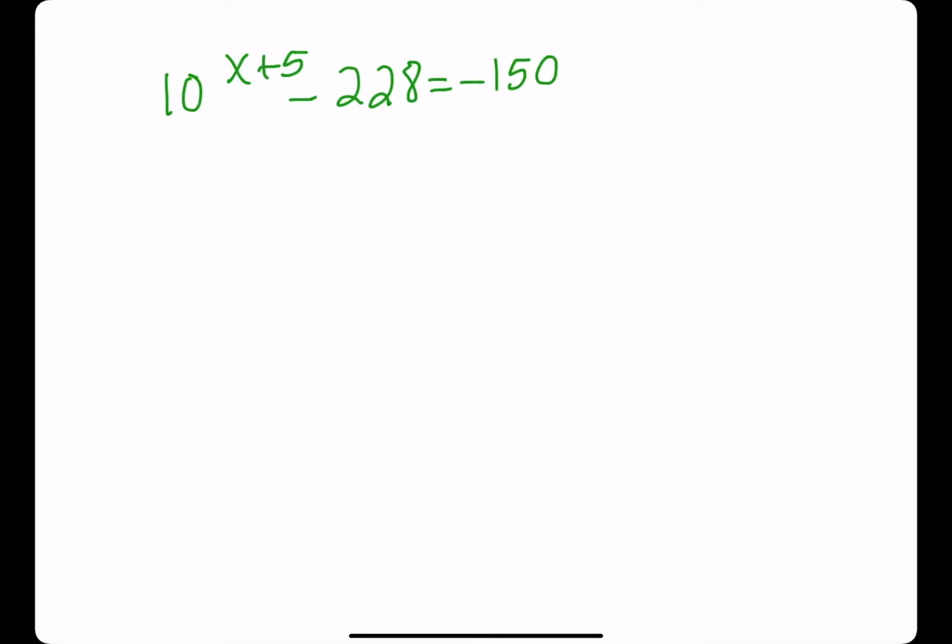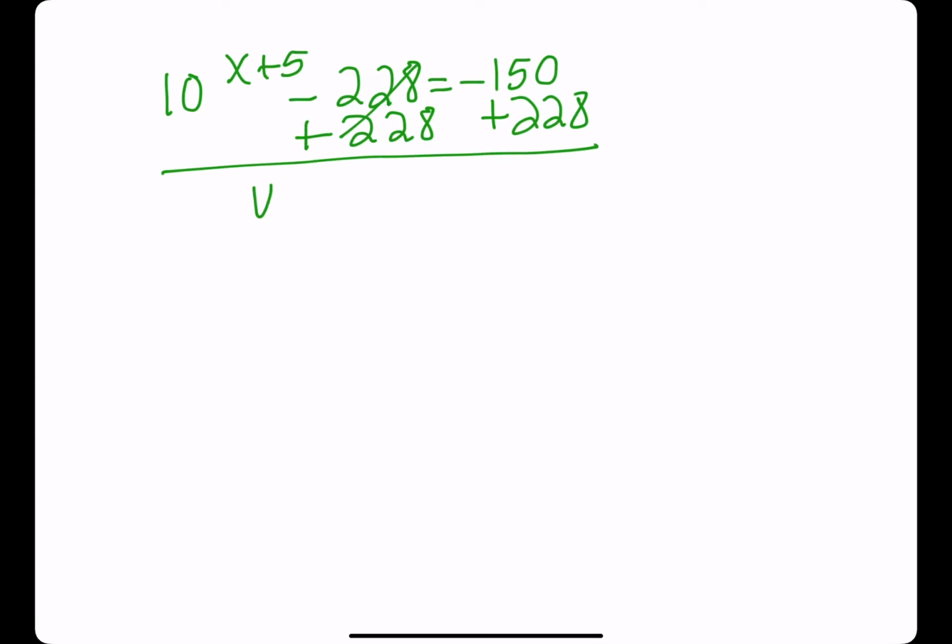Let's do one that's exponential. So the first thing I'm going to do is add my 2, which leaves me a 78. Now that my base is alone, I'm going to start with my base.